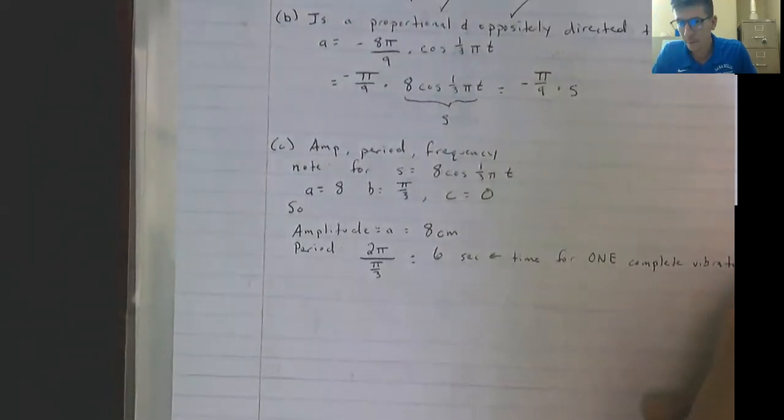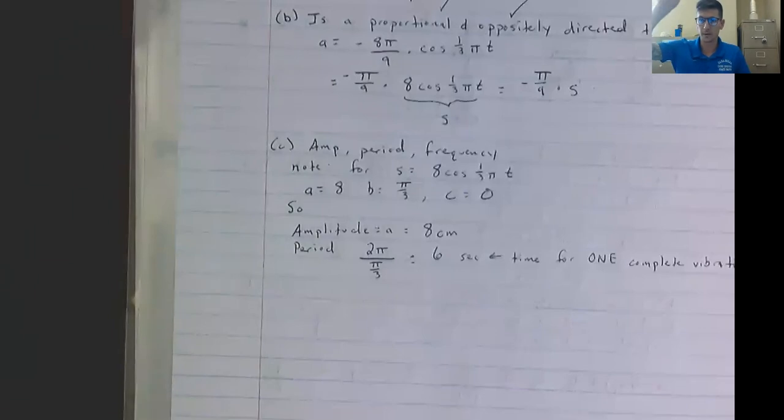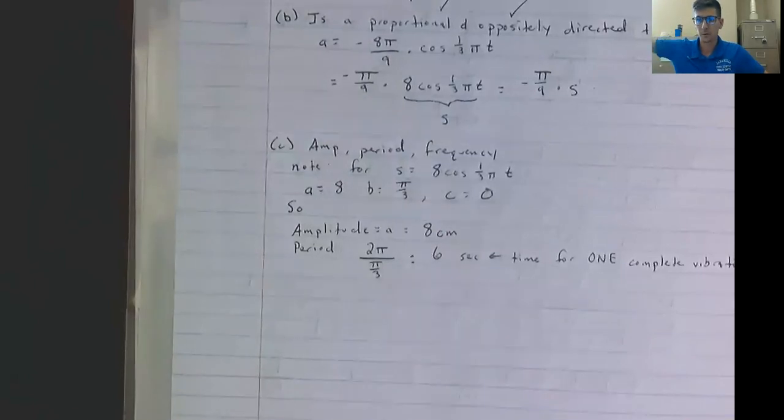One complete vibration is starting at the neutral spot, all the way up to the top, back to the neutral spot, down to the low, back to the neutral spot. Picture the sine curve or the cosine. So cosine means it starts at the top and then goes down to the neutral spot, down to the bottom, up to the neutral spot, back to the high spot. Just picture your trig functions.